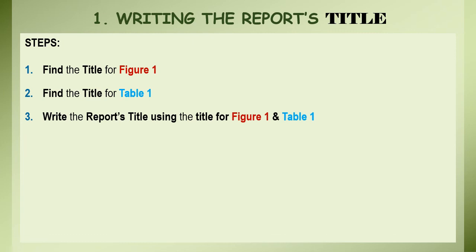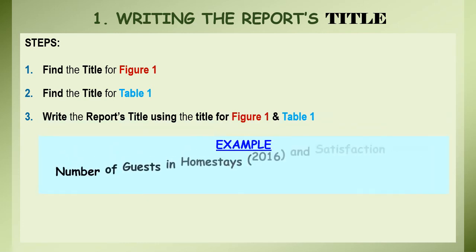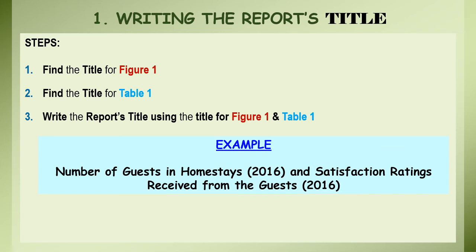Next, write the report's title using the title for Figure 1 and Table 1. For example, number of guests in homestays 2016 and satisfaction ratings received from the guests 2016. An important note: make sure you put the time frame if it is given in the question.